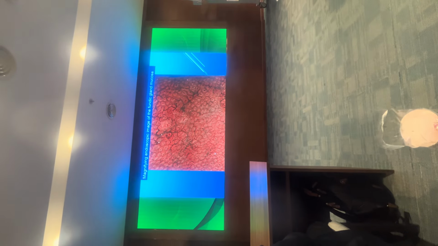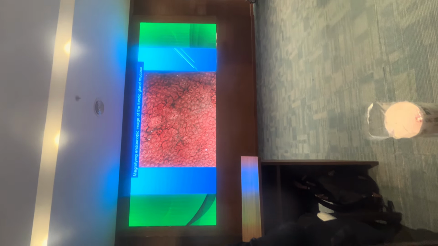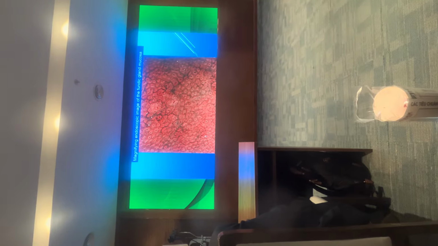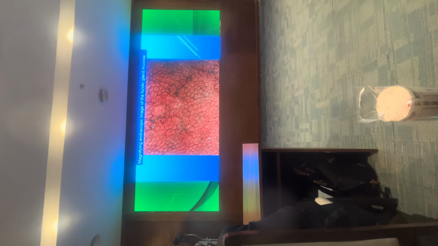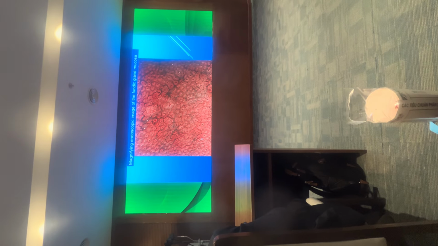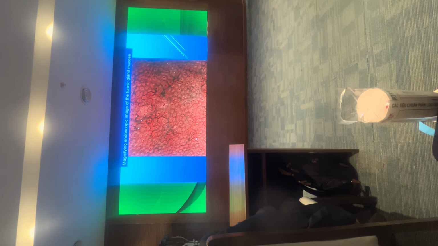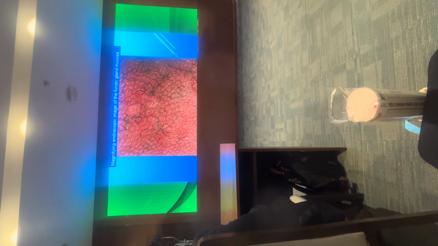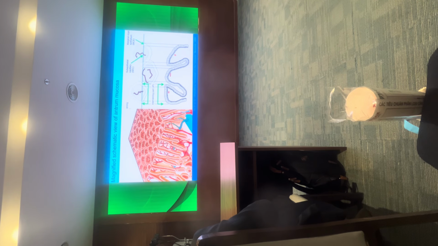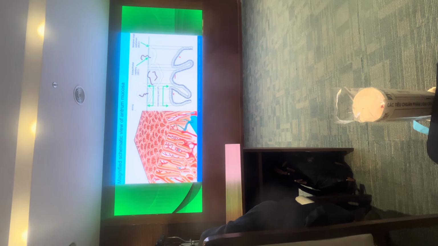Whereas this is a magnified endoscopic image, a real image. We can see black dots, small dots, and the white line around each dot is the MCE. And microvessels run around them. The other typical mucosa is antral mucosa.